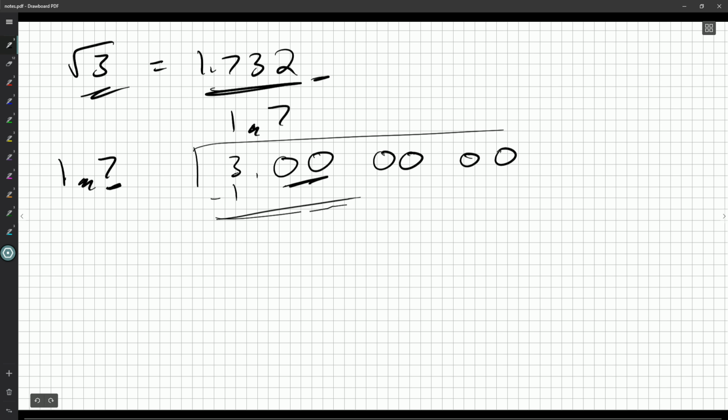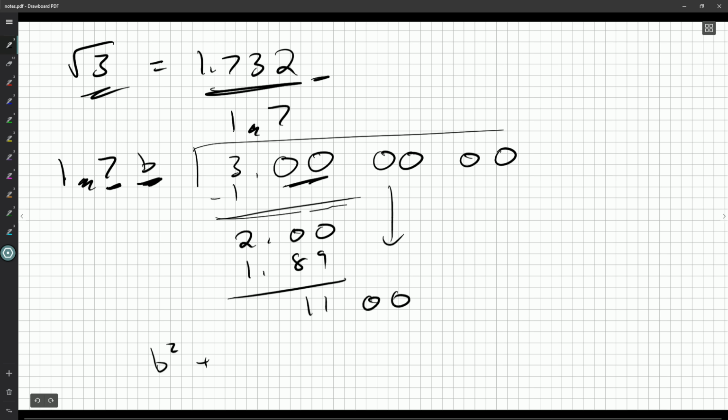And then you'd say, okay, you subtract off that 189, and you're left with 111, and you bring down the next 2 zeros. And then you ask yourself, what b goes here so that b squared plus 2 times 170b is less than, is the biggest b so that this relationship holds.